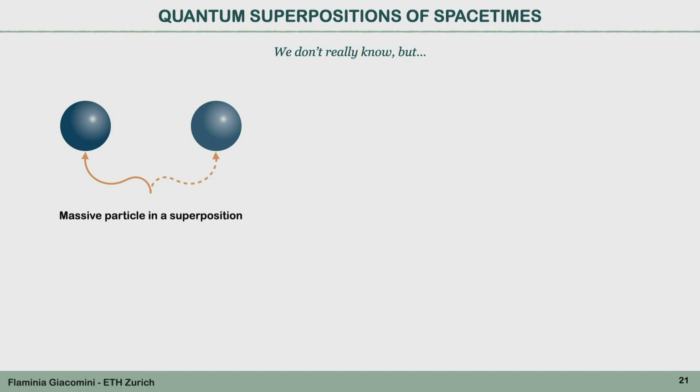And we can write down technically the state of the gravitational field associated to this configuration. So in this case, if I have a particle here that is for all practical purposes classical, in a superposition with the particle being here, and again, it's effectively classical for all practical purposes, then I have a quantum superposition of geometries. Okay?